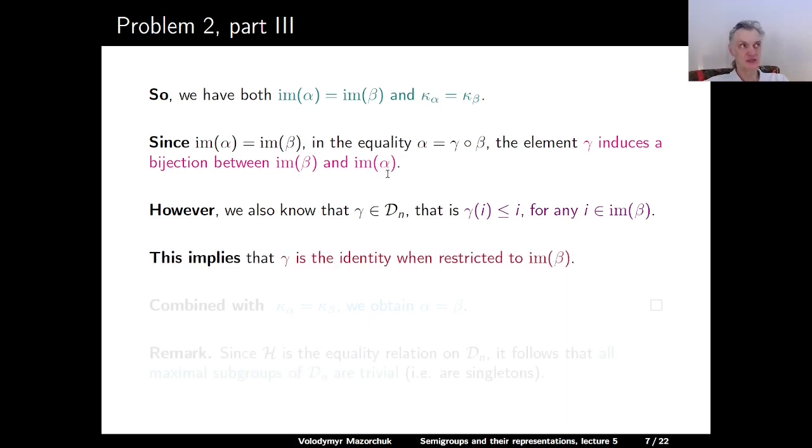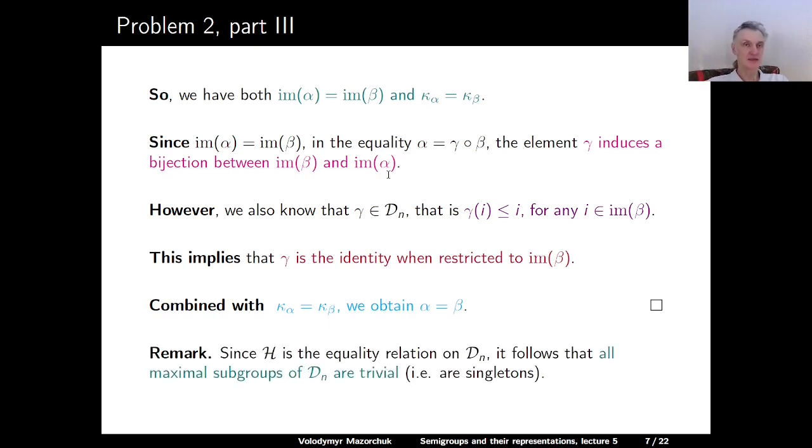So the images coincide, gamma induces a bijection and should weakly decrease the order. So this means that gamma must be the identity when restricted to the image of beta. And now if we combine this with the fact that the kernel of alpha and the kernel of beta are the same, we obtain that alpha is equal to beta. And this completes the solution of problem 2.